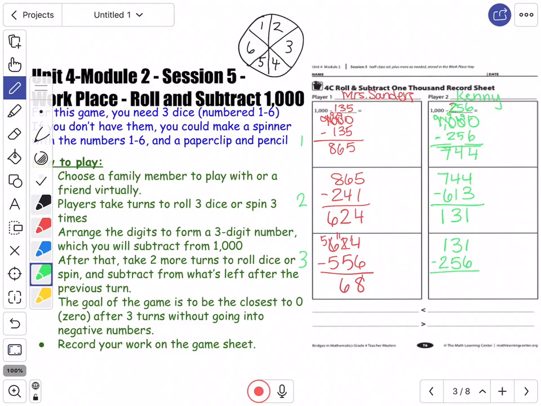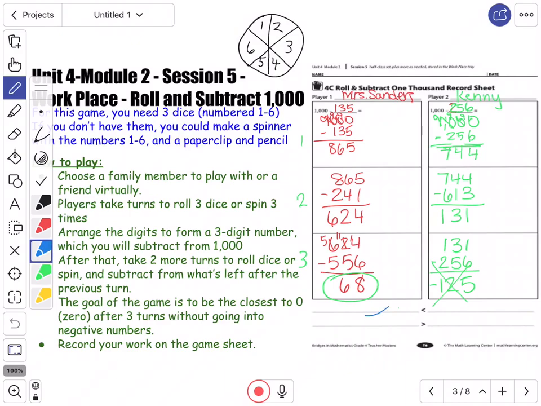Yikes. He's going to end up in the way, way, way negatives here. That is negative 125, my friends. And that means that I ended up winning the game, and he didn't because he's in the negative, but he's also 125 away from 0, going the opposite direction, and I'm 68 away from 0, okay?